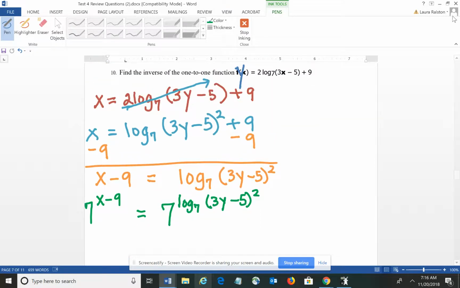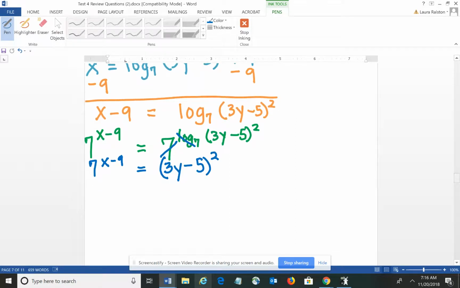Continuing the simplification process, we have 7 raised to the x minus 9 power equals, remember, exponential base 7 and log base 7 will divide out. So I have 3y minus 5 squared. I need to undo the square.